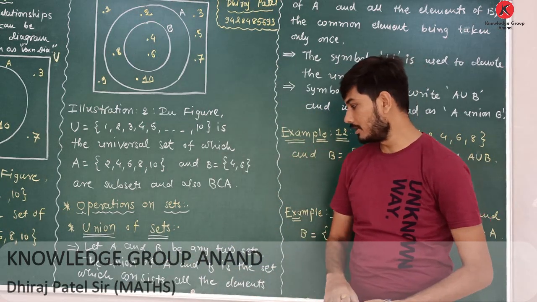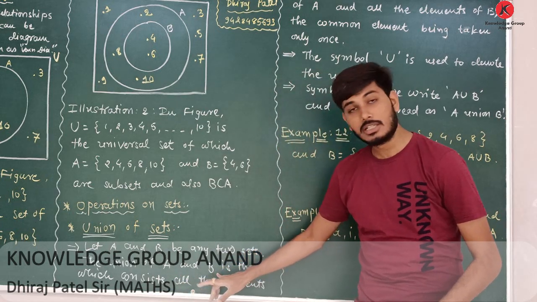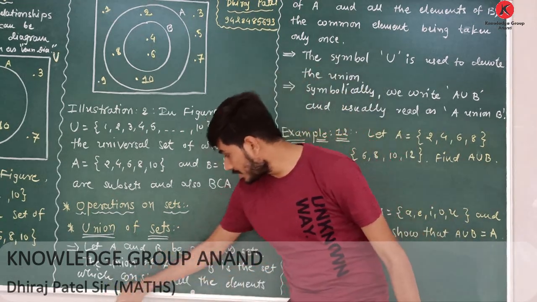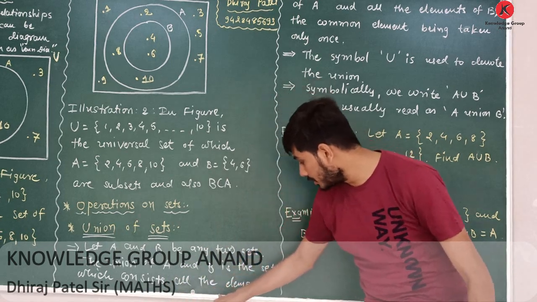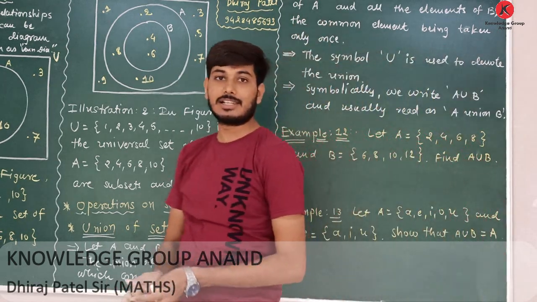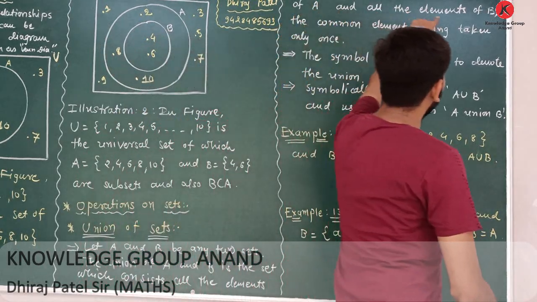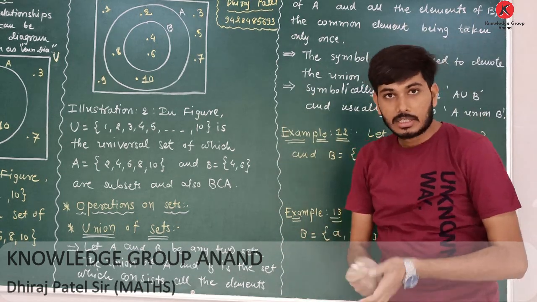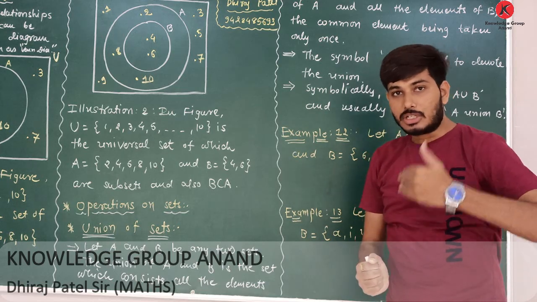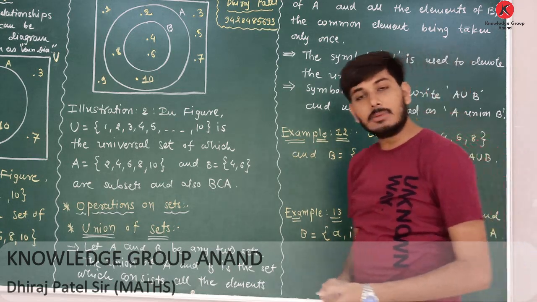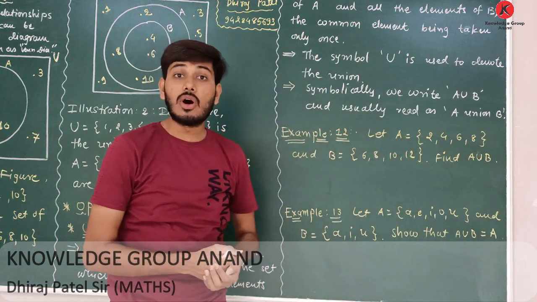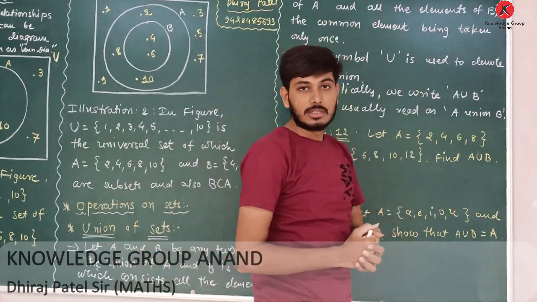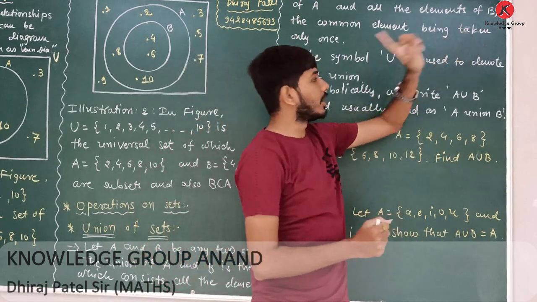The union of sets A and B is the new set which consists of all the elements of set A as well as all the elements of set B, the common elements being taken only once.